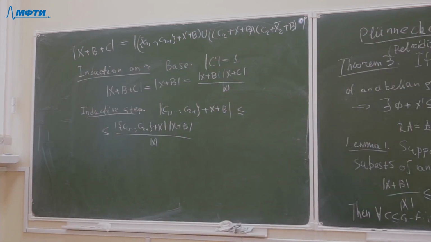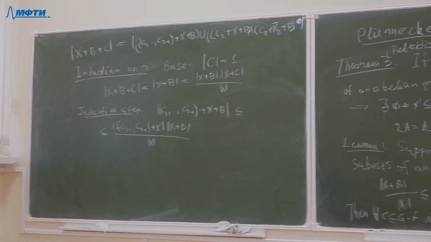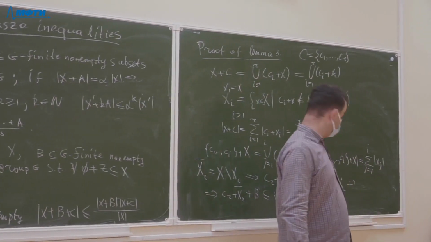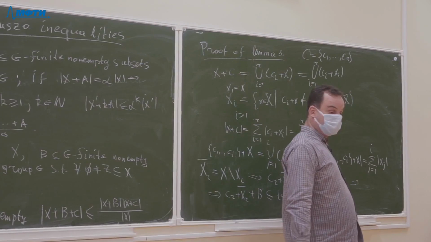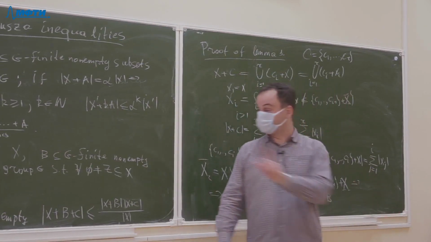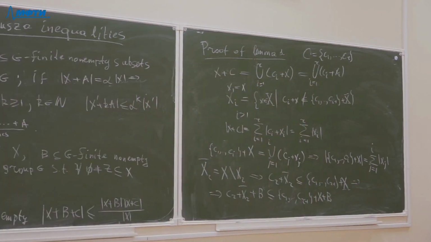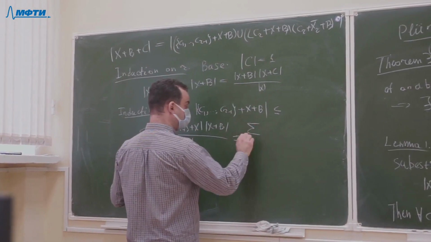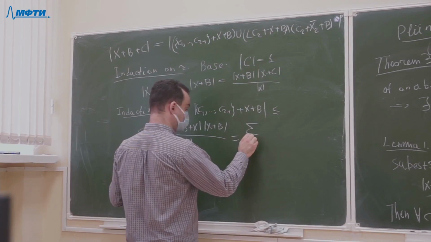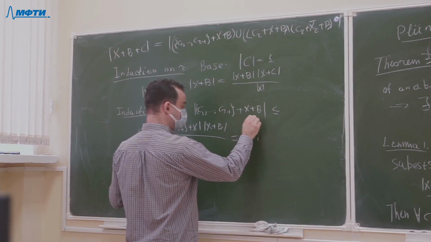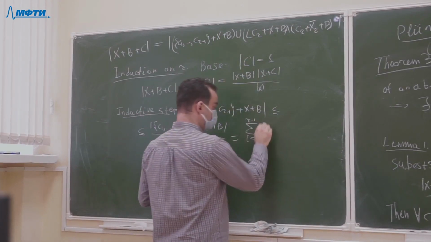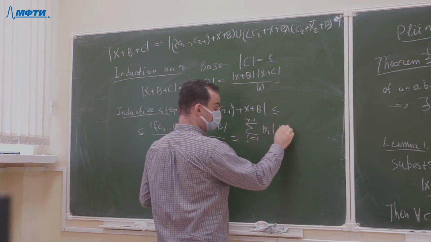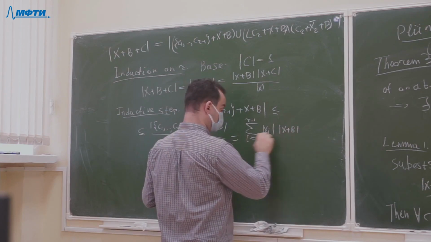Look here, this one. So this is the sum for i equals 1 till r minus 1 of x_i by X plus B divided by X.